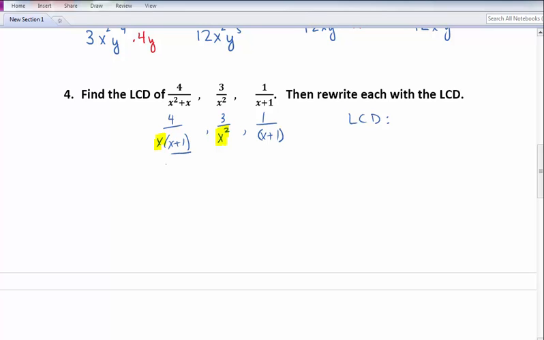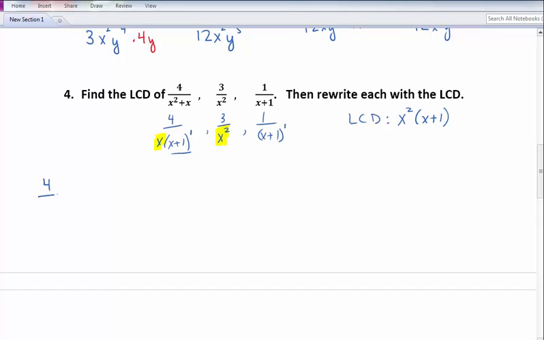So since I need the highest exponent with like bases, I've got an x to the first and an x squared, so my LCD is going to involve an x squared. And then for these other factors, this is x plus 1 to the first and this is x plus 1 to the first. This one, the middle one, doesn't have an x plus 1. So my LCD is just going to involve an x plus 1 to the first power. So that's my common denominator.